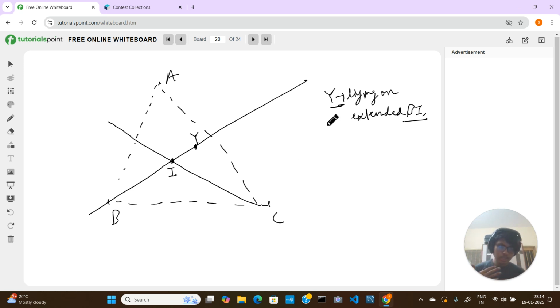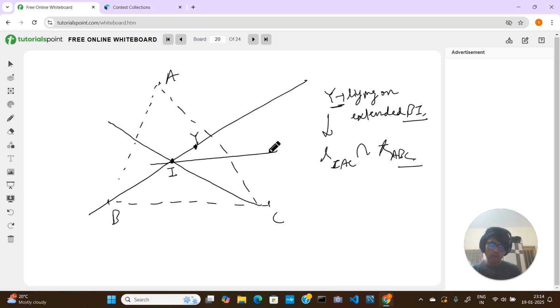How did we construct it? Y is basically the intersection of the bisector of angle IAC and the bisector of angle ABC. Now our main motive was to construct the excenter. So what you can do is construct the bisector of angle YIC and construct the bisector of angle IBC.